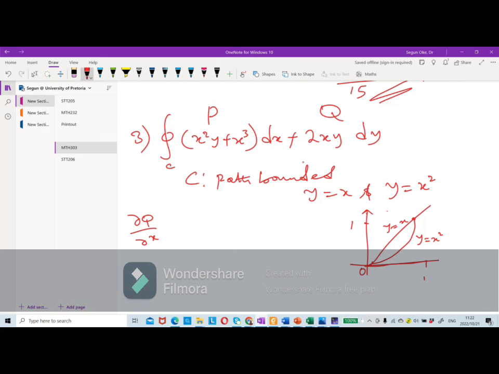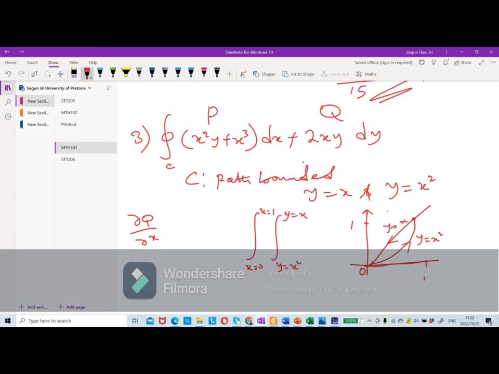x is between 0 and 1, and y is between this, like I did the other time, the arrow here and the arrow here. So you have two things now. The first thing is y equals x squared, y equals x. And x is equal to 0, x is equal to 1.